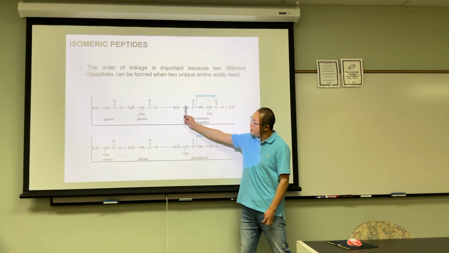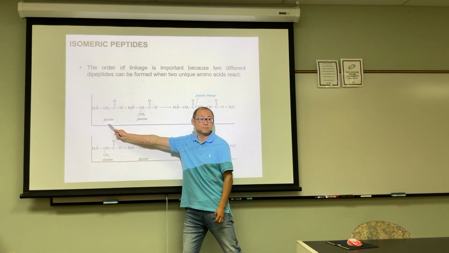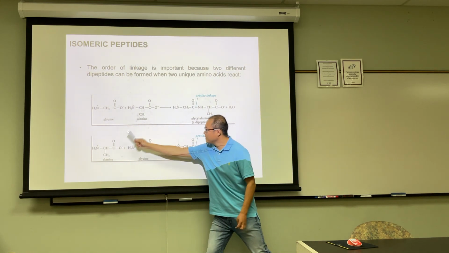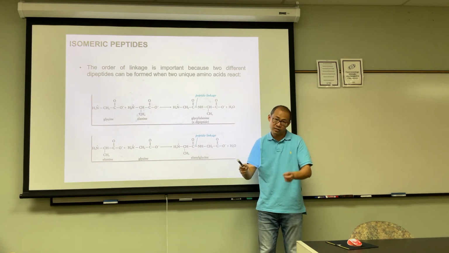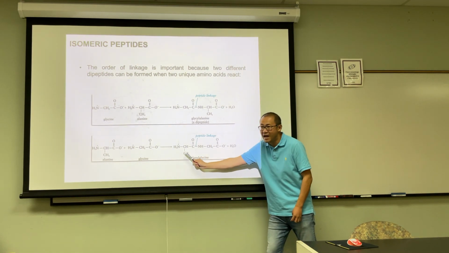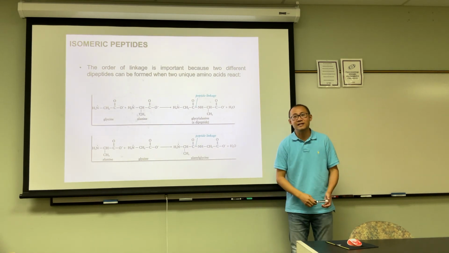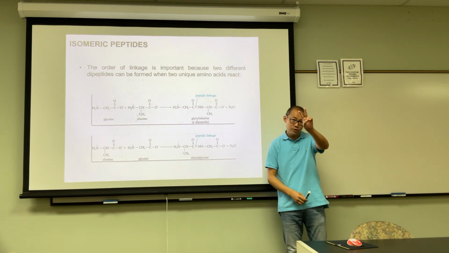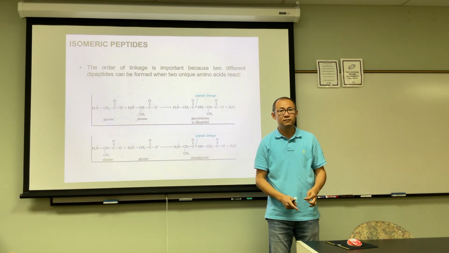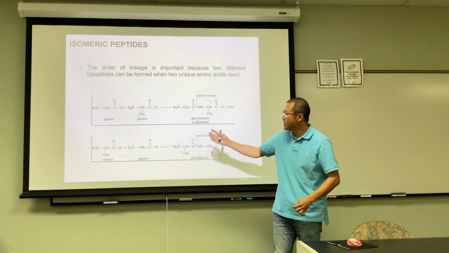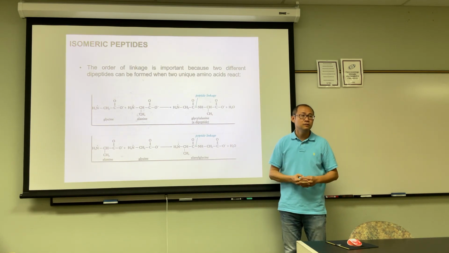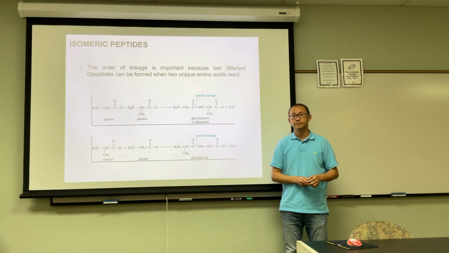In one way, the first one on the N-terminal is glycine. Take a look at the bottom chain. Still these two amino acids, alanine and glycine, but they switched. Now the first amino acid is alanine and the second one is glycine. Do you see that? Only two amino acids, and you can arrange them in two ways: AB and BA. Does it make sense? And of course, these two will have totally different biological functions if they are biologically active.